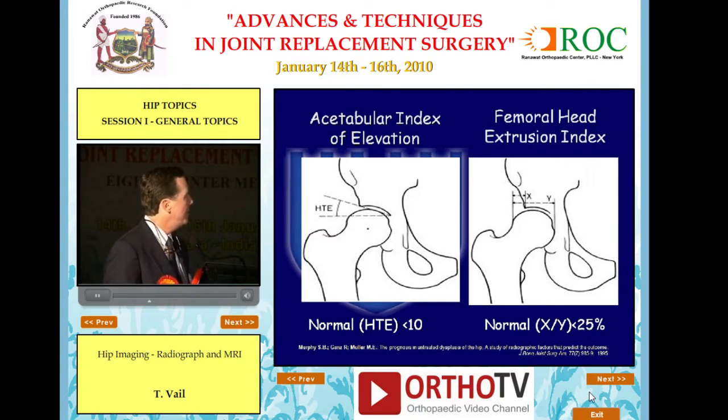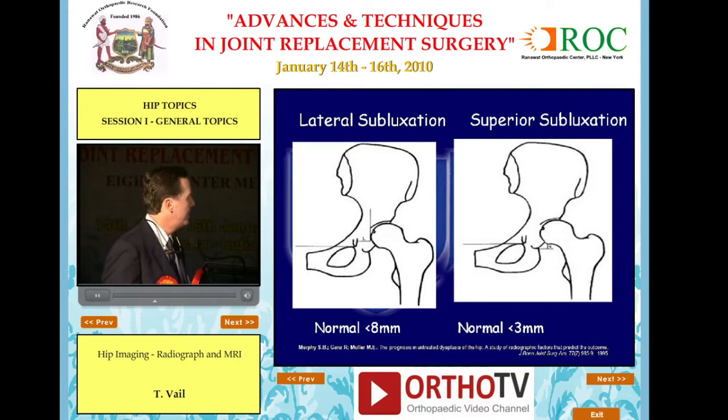So this angle here, from just above the fovea on a horizontal line to the lateral edge of the acetabulum, defines the index of elevation. The extrusion index is how much of the head is covered by the acetabulum, a ratio of the covered head to the uncovered head, all determined off of a plain AP radiograph.